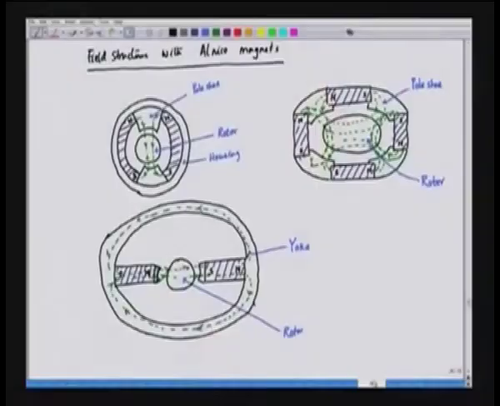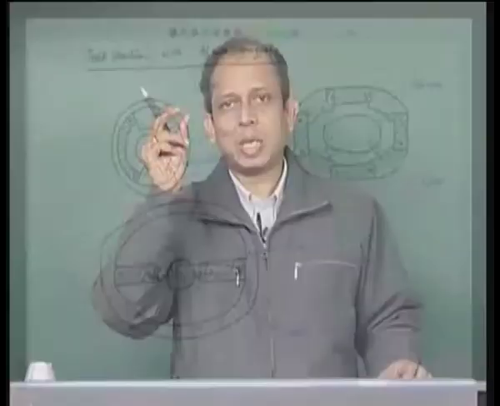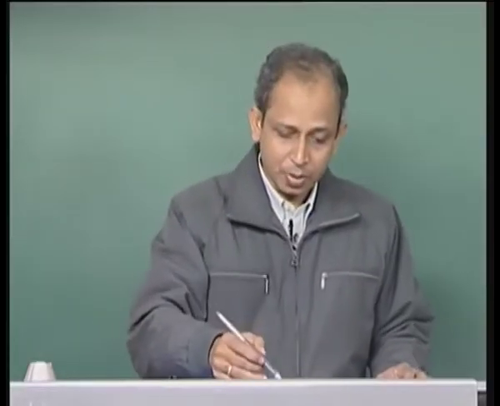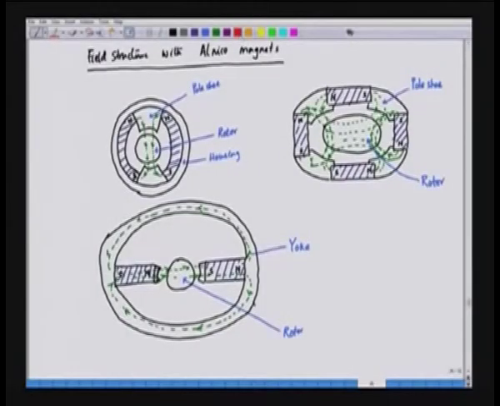Let us first see the field structure with alnico magnets. This is the field structure with alnico magnets, and as we know, we need very thin and long alnico magnets. These are the magnets placed in the field.